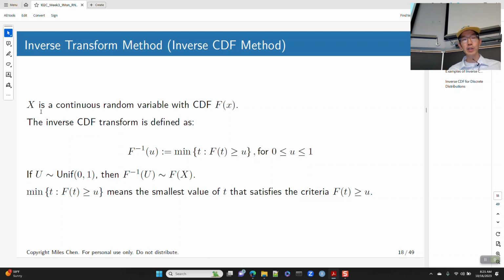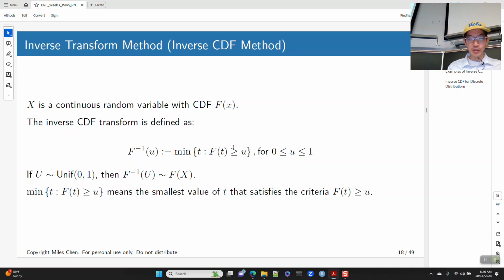So we're going to say we have some random variable X. This is a continuous random variable with cumulative distribution function big F of X. The inverse is: if you take the inverse of F and apply it to a random uniform value U, which we're going to define as the smallest value of t such that big F of t is greater than or equal to U, then this is going to have the distribution of random variable X. This is a lot of math here.